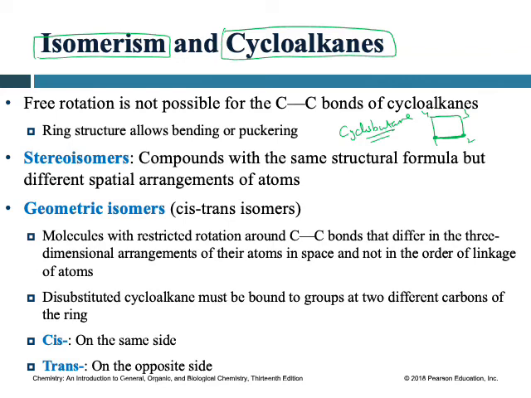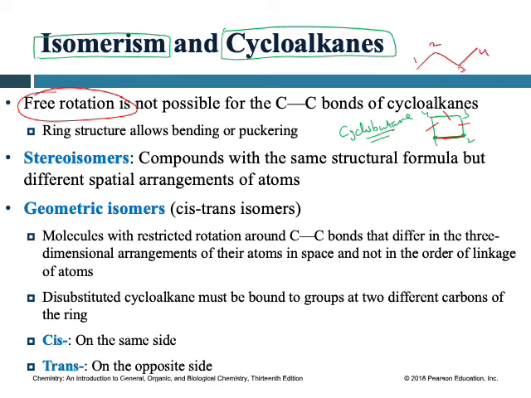No, we cannot move, because if I rotate carbon 1 and 2 along this axis, the other bonds might break, because this is a cyclic compound. So there's a strain. There's no free rotation like we have in other compounds, open chain compounds.